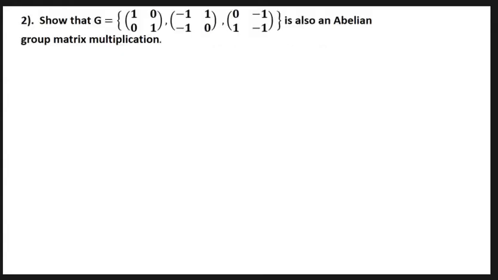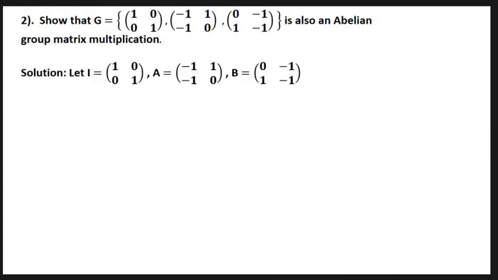Next problem. Show that G is equal to the matrix [1 0; 0 1], the matrix [-1 1; -1 0], the matrix [0 -1; 1 -1] is also an abelian group with respect to multiplication.